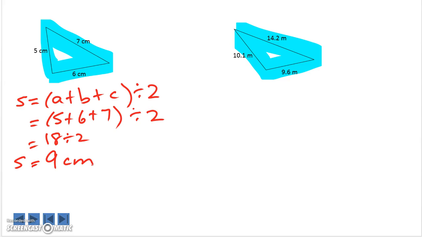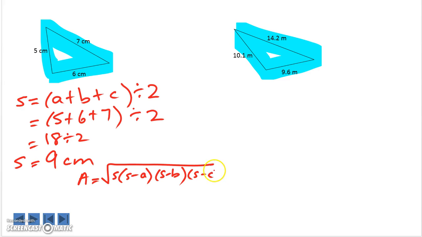So now that we've got that, we can put that into the formula. So the formula is area equals the square root, and I'll just write it out. So always remember your square root. So every time we see an S, we're going to put a 9 in.